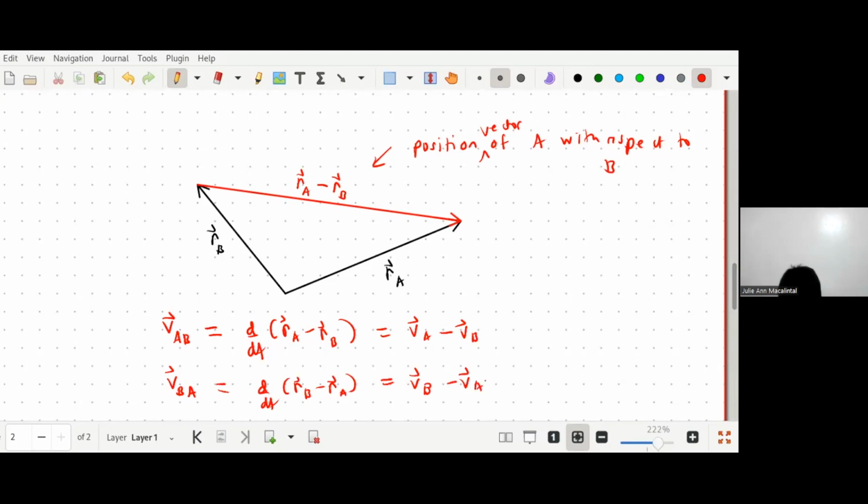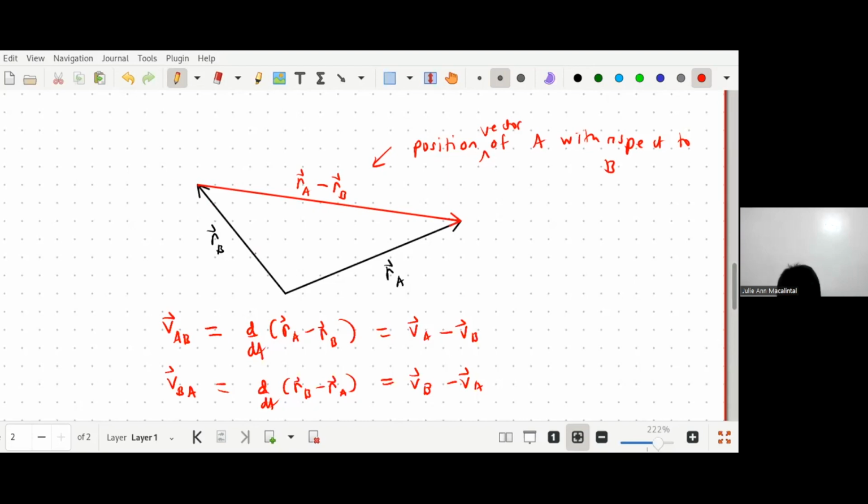Actually, para sa akin mas madaling tandaan ito para makuha mo yung signs at kung ano yung dapat na sinasubtract. So, yung first step ay, okay, ano yung position vectors ng dalawa? Next, ano yung magiging new origin? Is it yung position ng A, or yung position ng B? So kung B yung reference, ito yung lalabas.